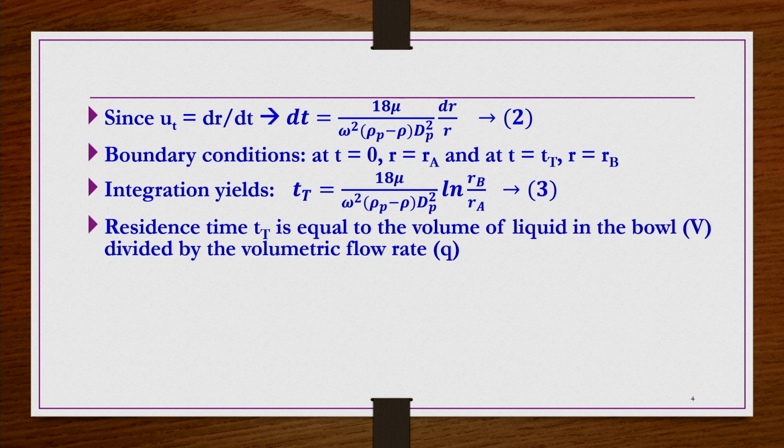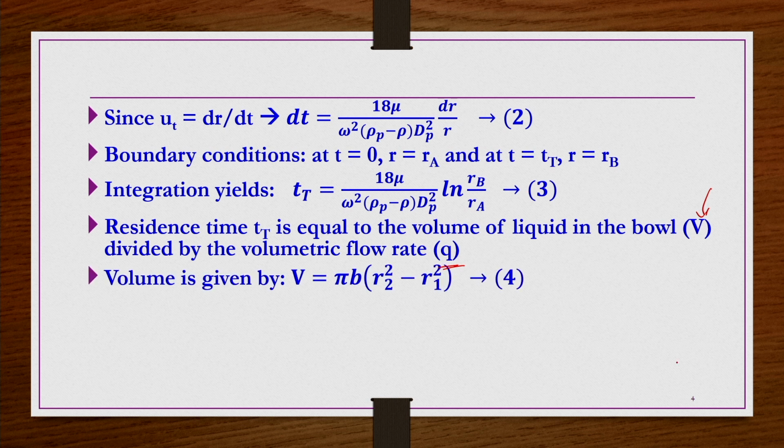Residence time Tt is equal to the volume of liquid in the bowl divided by the volumetric flow rate. The volumetric flow rate we do not know, we have to find out. The volume, we have already seen, is V equals pi b (R2 square minus R1 square). If you divide that V by this residence time, we get the required volumetric flow rate.